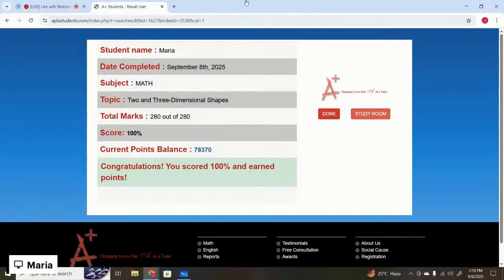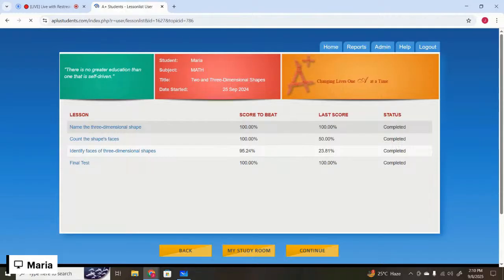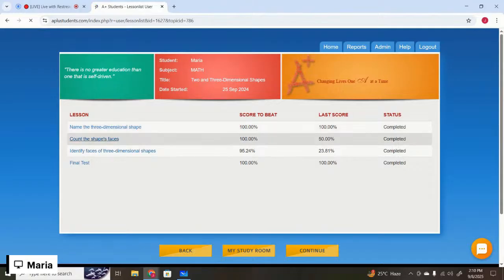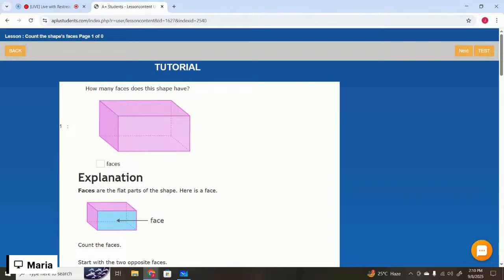Okay, we are done with the lesson. Let's move on to the next lesson, that is count the shape's faces. How many faces does this shape have?